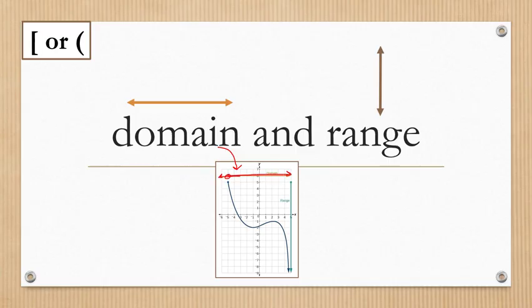Sometimes you have a closed dot, which would mean a bracket there. Range is the up and down. If it goes on forever and ever, this would be a parenthesis. If you see a dot on the range, it would be a bracket. Going on down forever and ever would be to infinity, which gets a parenthesis. Infinity will always get a parenthesis. Just make a note of that.